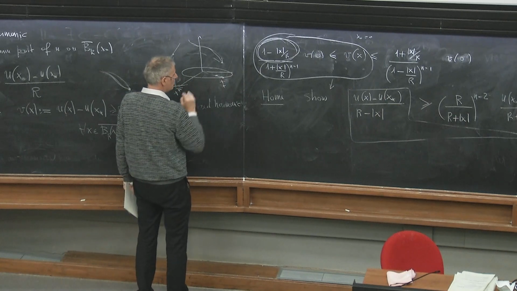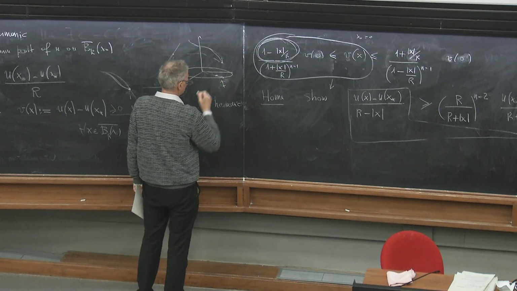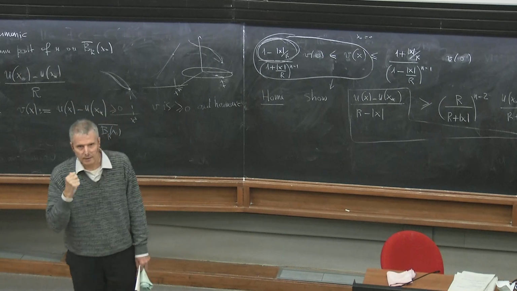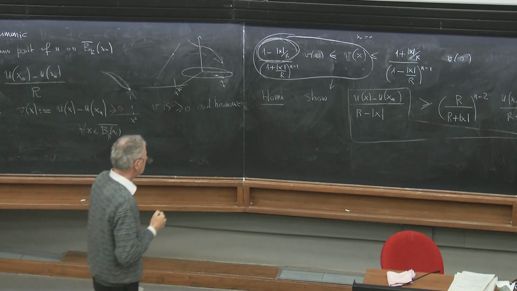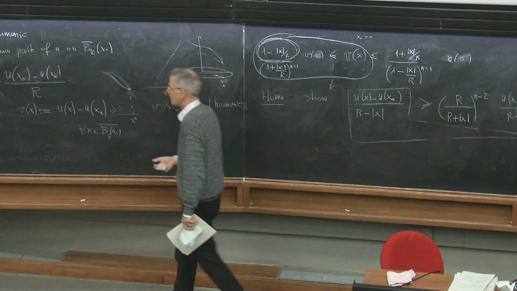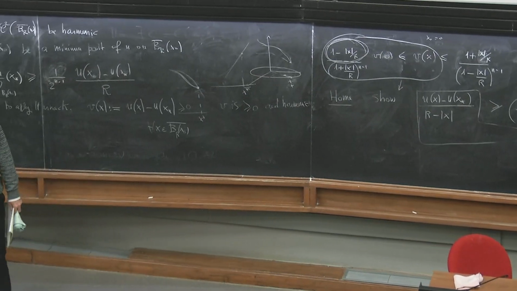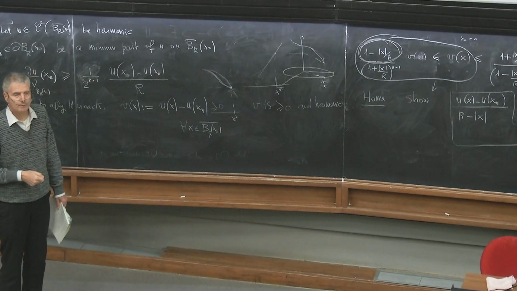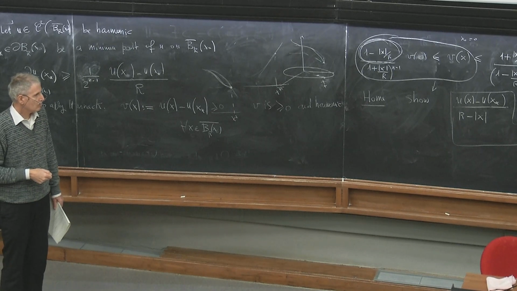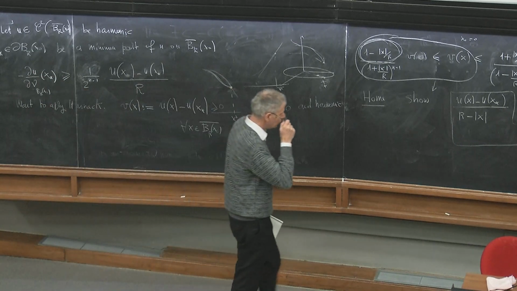And instead of this, we want the normal derivative here. So what would you do in order to pass from the inequality that we have here to a similar inequality for minus the derivative of u over nu? This is not difficult, no? What do you do?